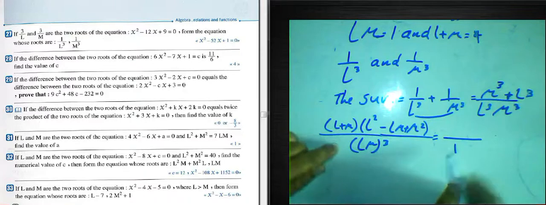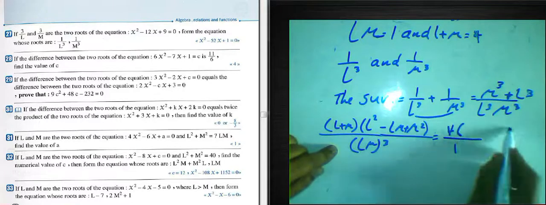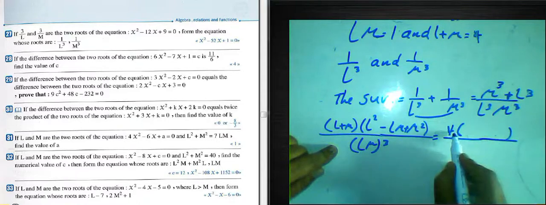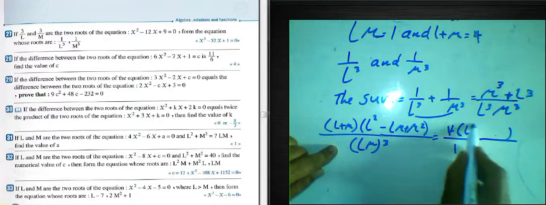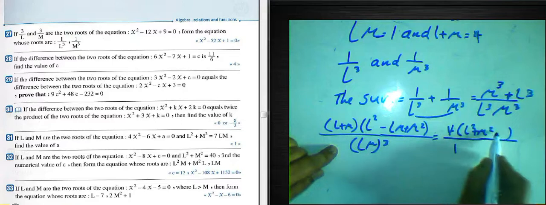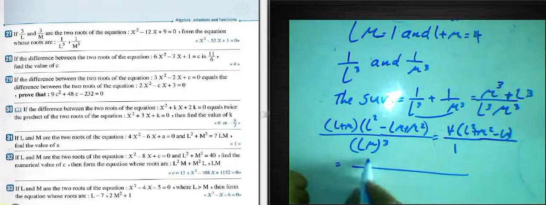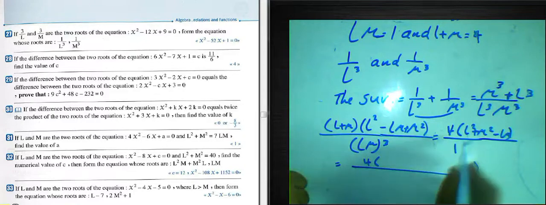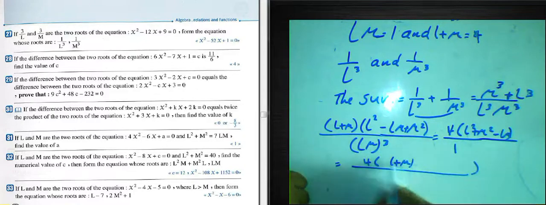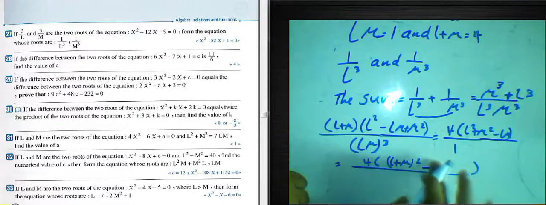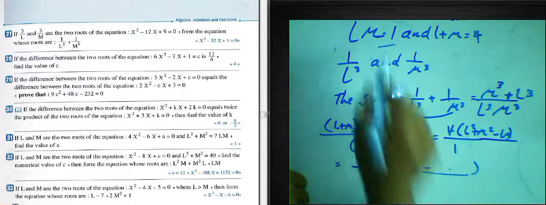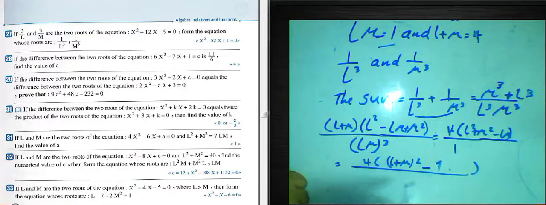L plus M is 4, multiplied by L power 2 plus M power 2 subtract LM. Right, 4 times. L power 2 plus M power 2 will be L plus M to power 2 subtract 2LM. We know LM was 1, right? 1 here over 1.